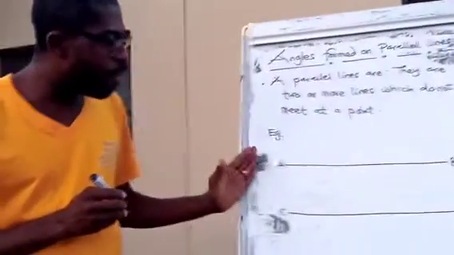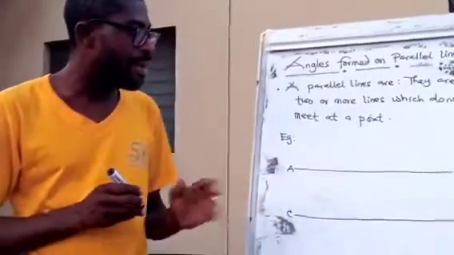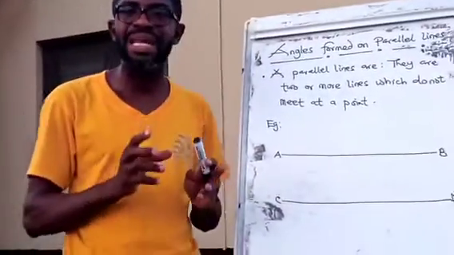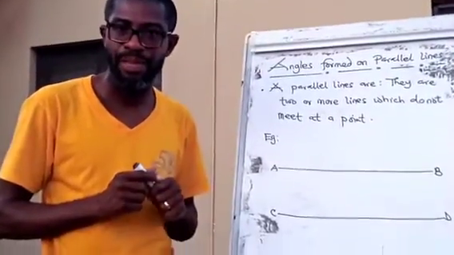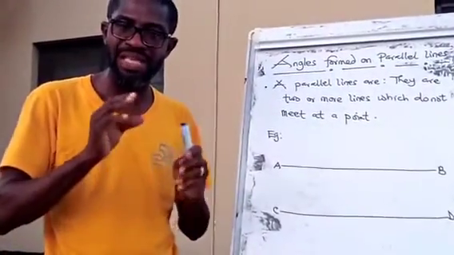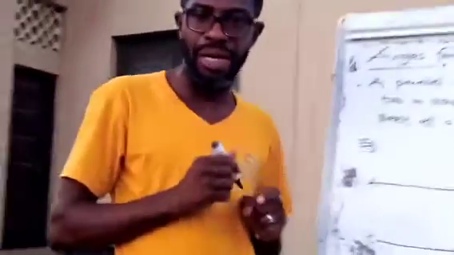In order for an angle to be produced on a parallel line, we need a special line which is known as the transversal line. Usually the transversal line cuts across several parallel lines.